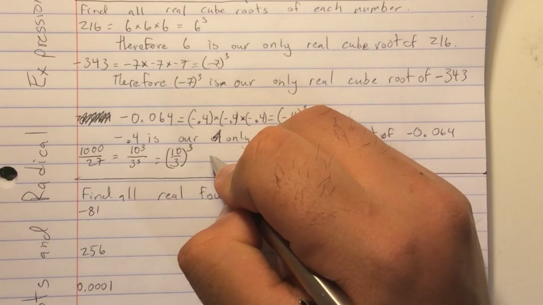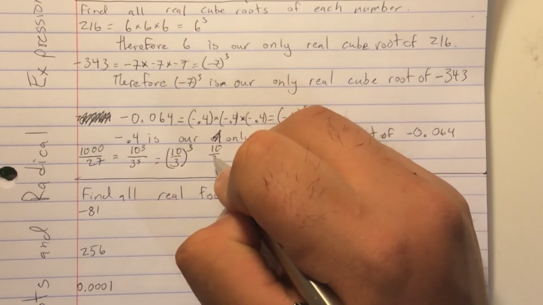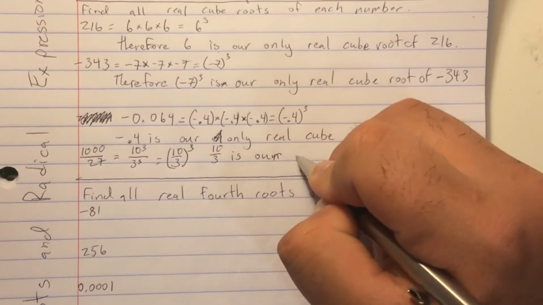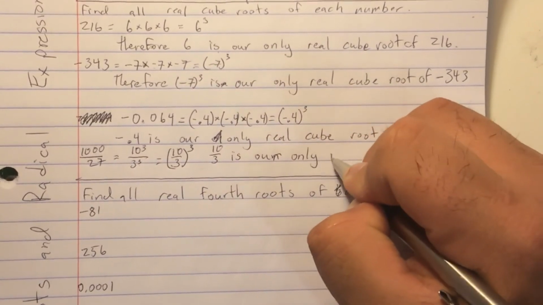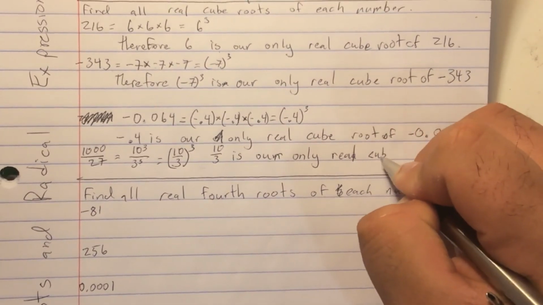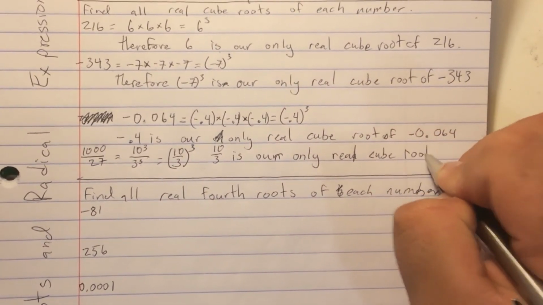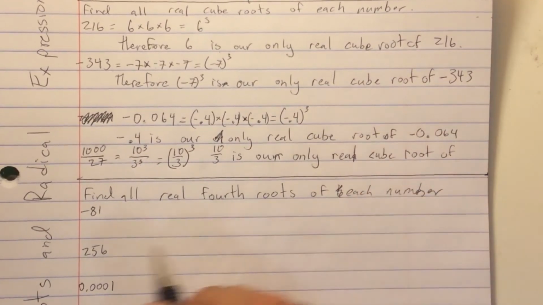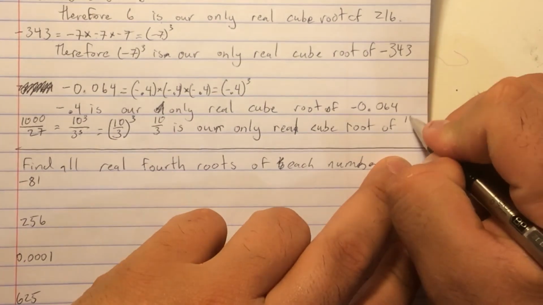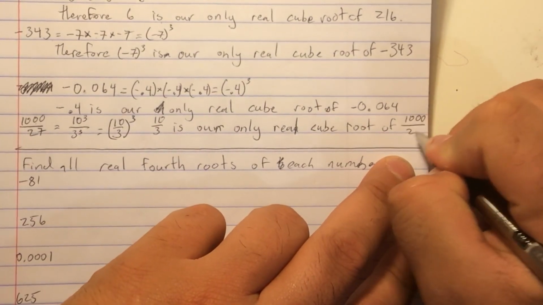So this being said, 10 over 3 is our only real cube root of 1000 over 27.